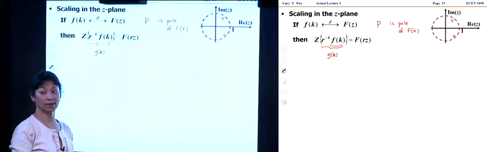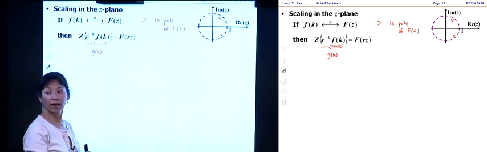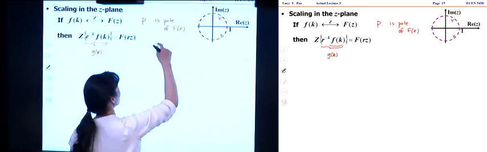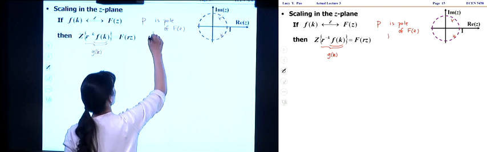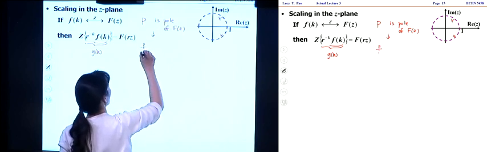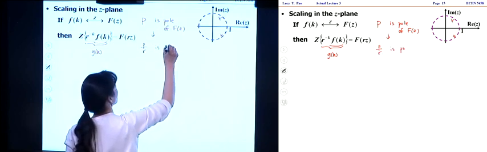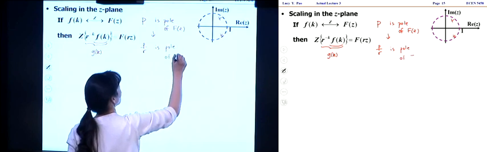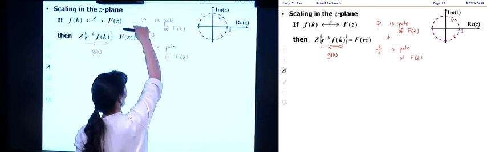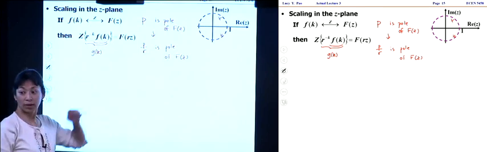What do you think? It's going to shrink by 1 over r, right? So now P over r is going to be a pole of the scaled transform. And all the poles of F of z get scaled this way.